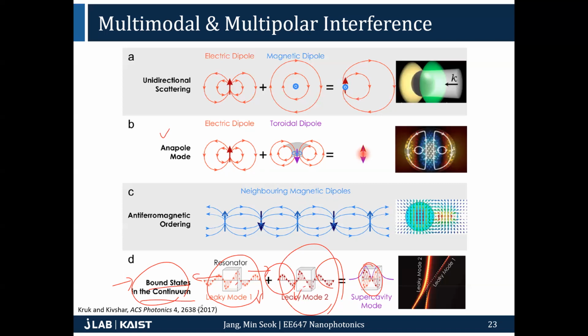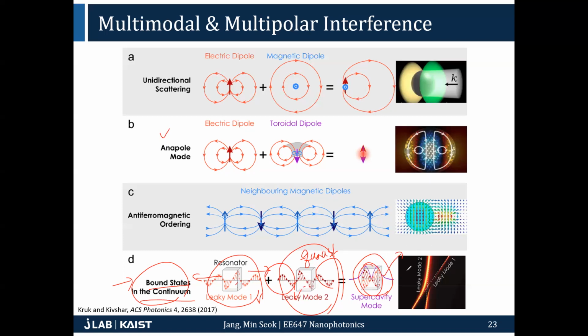And then if you have a bound state in the continuum and make your bound state a little bit incomplete, which makes it a quasi-bound state, then your localized mode can now couple to the free mode, free space, so that you can actually start to absorb it.